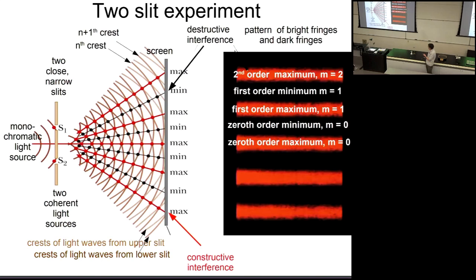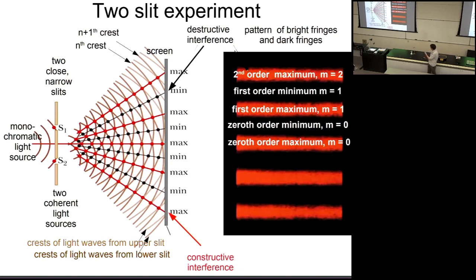What you see, and this is the important pattern that emerges from all this, is that along certain directions, the red lines, these certain angles away from the two slits, you get constructive interference along those directions. Along directions in between those lines, you get destructive interference. That's the lines made by the black dots.